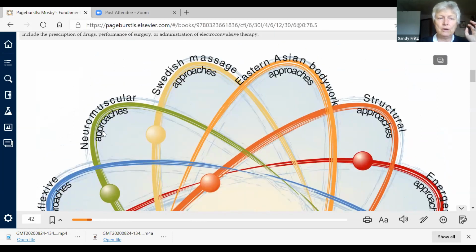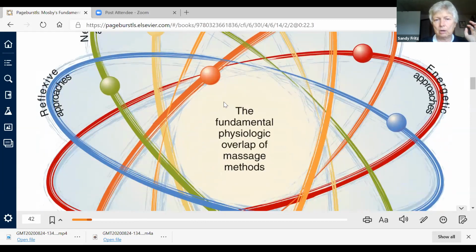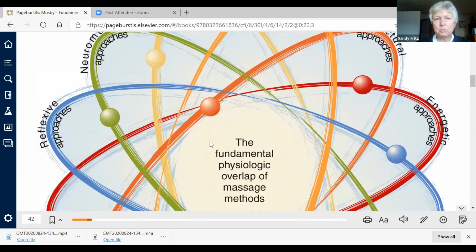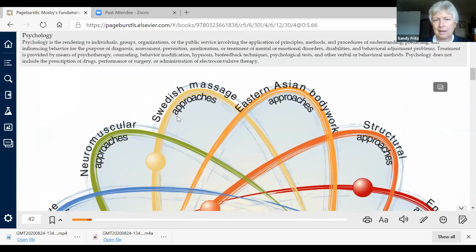But when you overlap them all, then we have this core here. And that's what therapeutic massage is. That's also why Swedish massage, as an overarching theme with massage therapy, is too limiting.